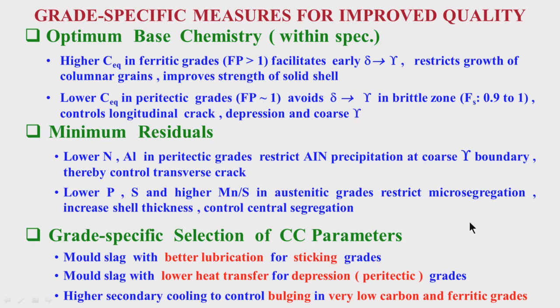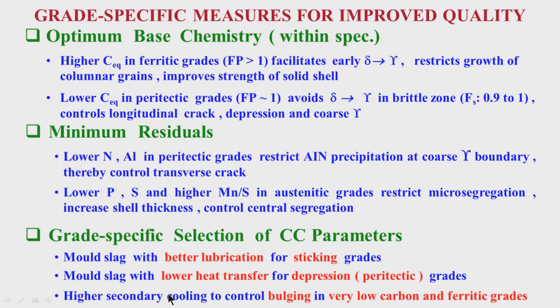So if you understand the solidification characteristics, we know that it is a sticking grade for, say, very low carbon or ferritic grades like 430 or maybe silicon steel. These are all very prone to sticking, and below the mold it will indicate bulging. So there also something has to be done.